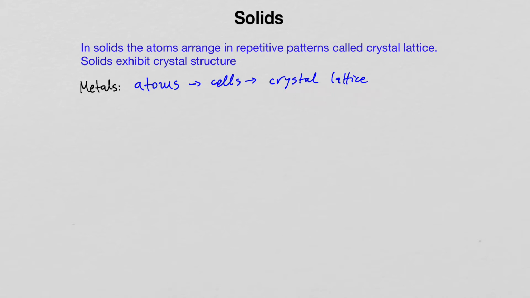So let's give an example with a simple crystal lattice, which will be made from cells that have the shape of a cube. And thus this type of crystal lattice is called cubic lattice. So we have the atoms arranged at the tips of a cube.